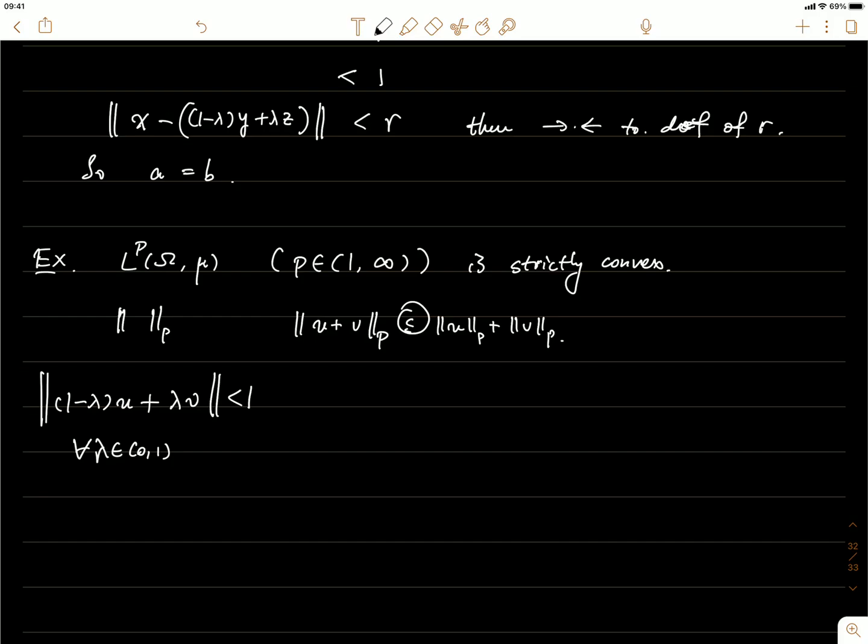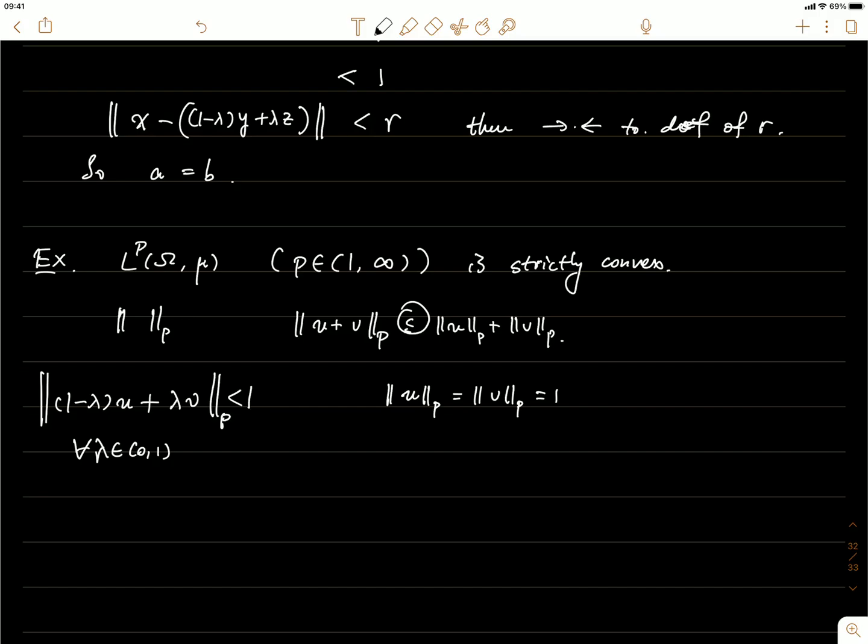So we'll consider the case where U and V are both non-zero, and assume that U and V both have P norm equal to 1 as a setup for strict convexity.